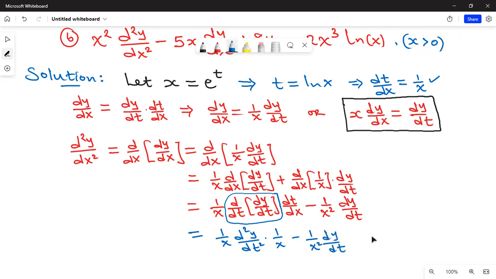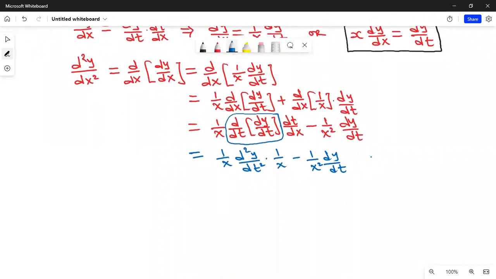And so you can write this as 1 over x squared, bracket, d squared y dt squared minus dy dt, because I've factored out the 1 over x squared.